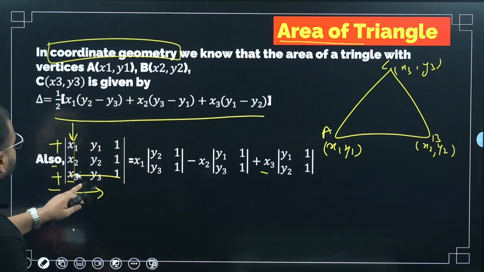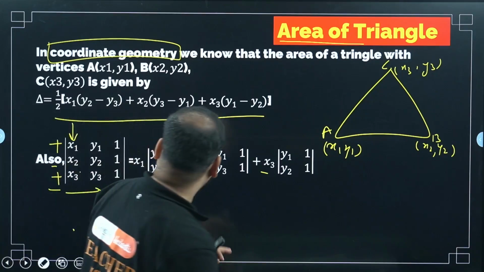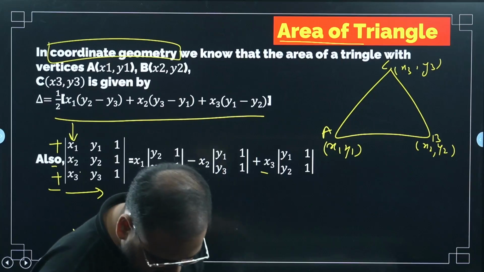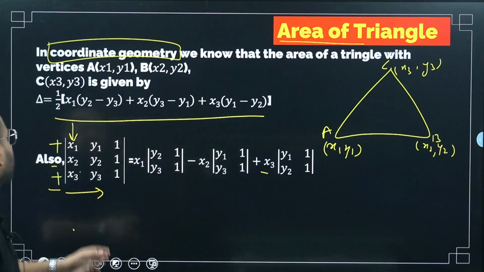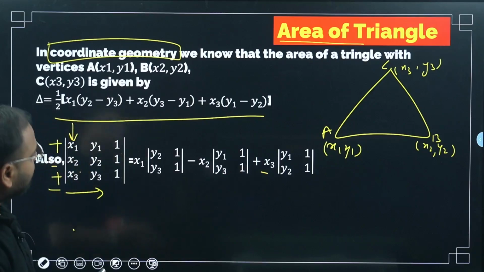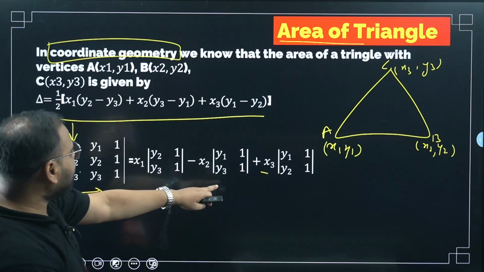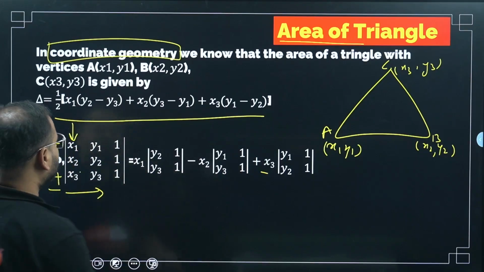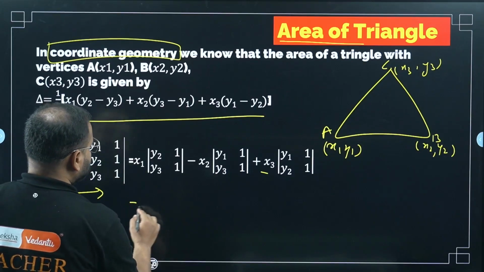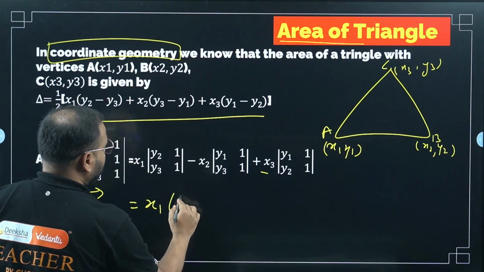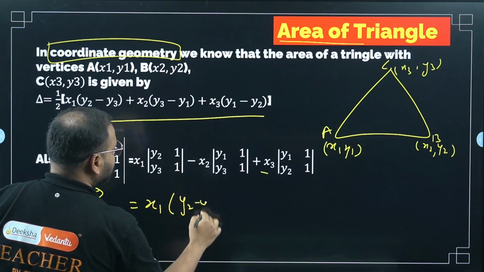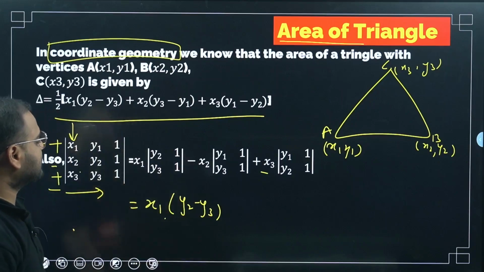Then all of you agree that if I am finding the determinant of this matrix across column 1, I will get something like this. Okay sir. If I further simplify this, how will this look? x1 times of y2 times 1 is just y2, and this is simply minus y3, because y3 times 1 is the same.